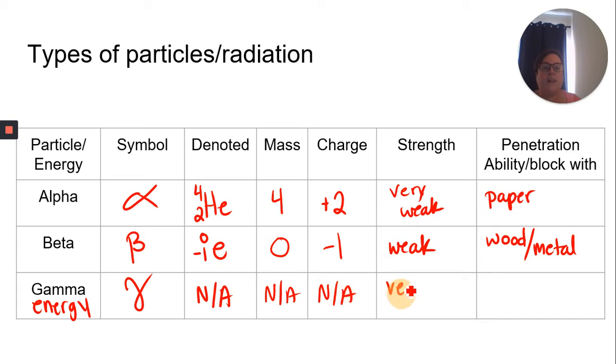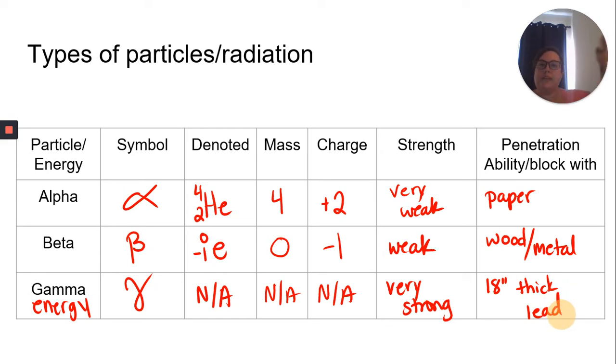Now, it is very strong. It is the strongest type of energy that we have. So when you think about the nuclear bombs being dropped in Japan, the gamma energy is what did the most amount of damage. So in order to protect yourself from gamma rays, you would need 18-inch thick lead.